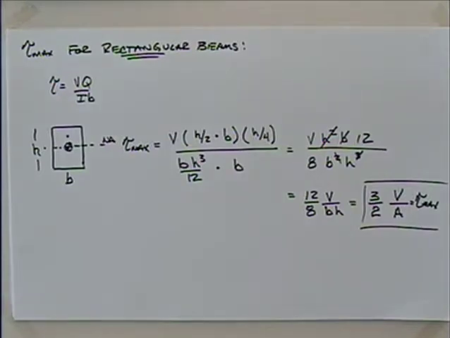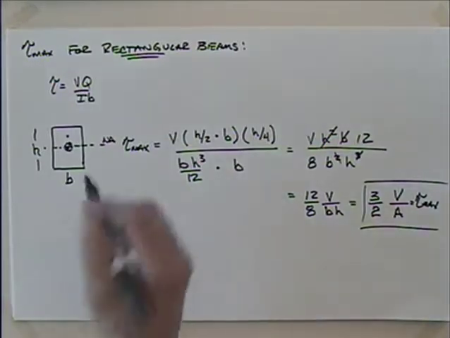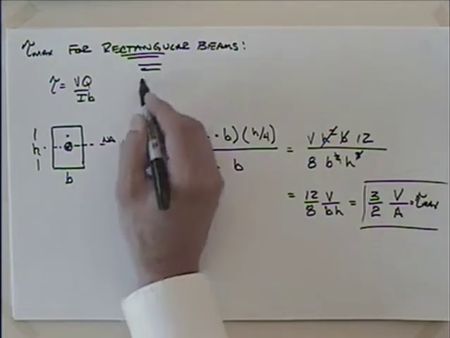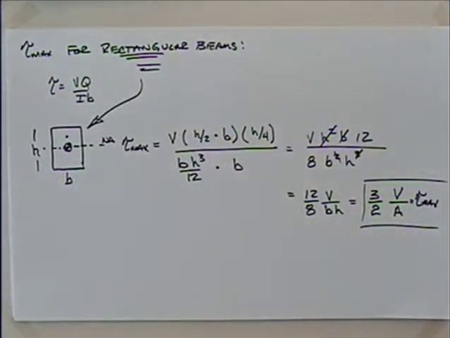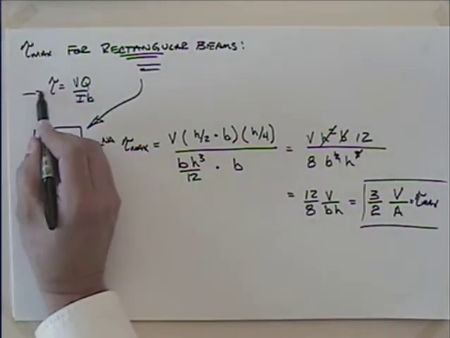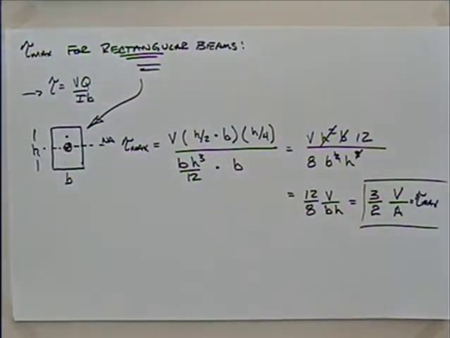Now this doesn't work for an I shape, it doesn't work for a T shape, it only works for a rectangular shape. But we use a lot of those rectangular shapes, so recognizing the simple equation 3/2 V over A can be a real time saver. You can start to do that in your head, whereas this equation is quite a bit more difficult to play with in your head.